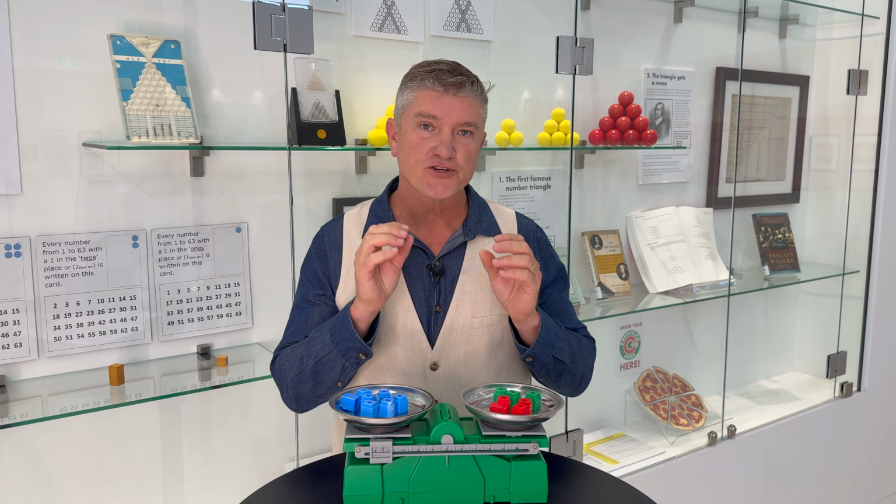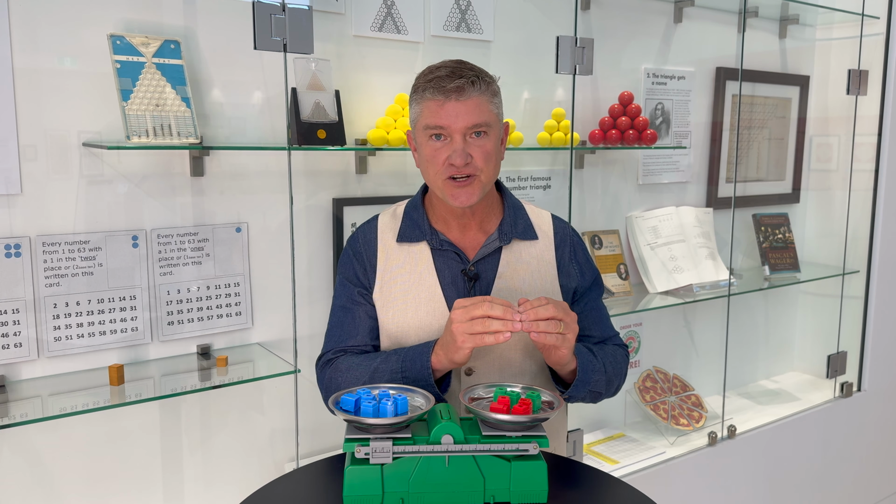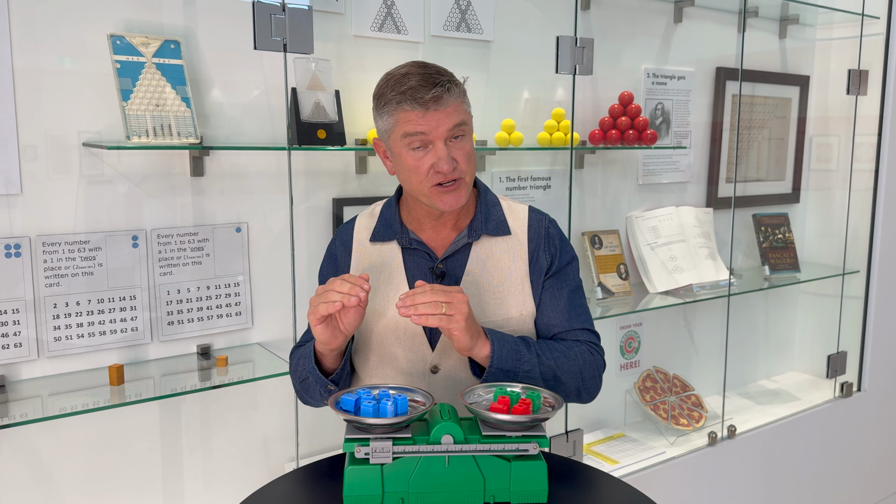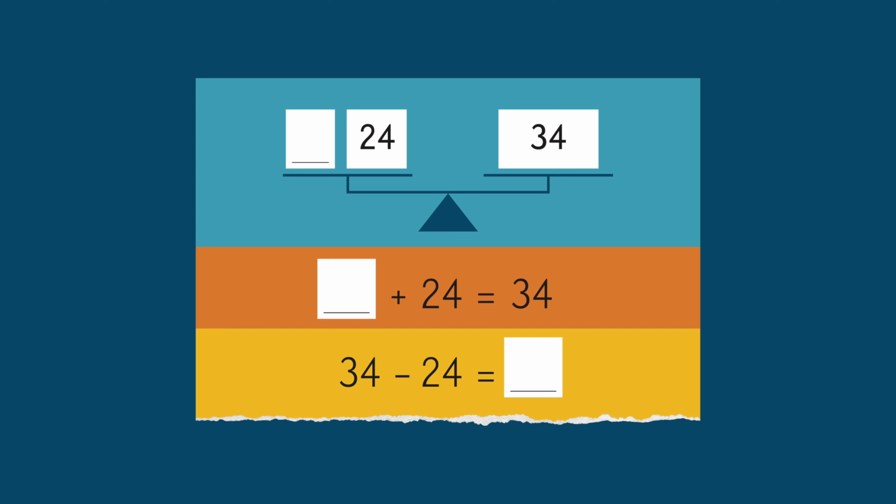At some point, students can write an addition equation and a subtraction equation to match the picture. This example is from a higher grade, where we want them to apply their mental computation strategies they have learned to write the complete equations. 10 plus 24 balances 34. 34 subtract 24 is 10.